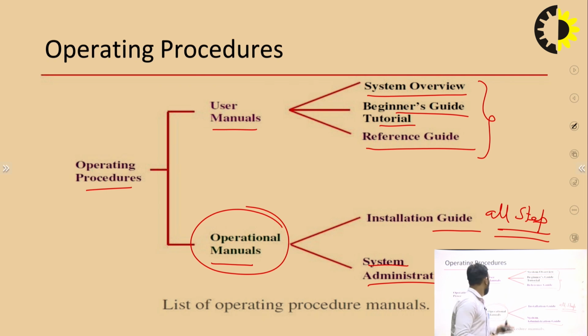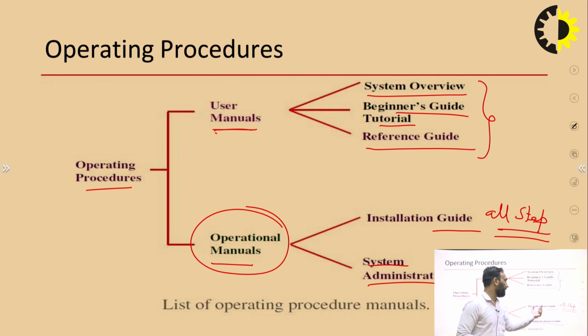So operating procedure is of two types, user manual and operational manual. User manual gives the description about the product, and the operational manual gives the detail of how to use the product or software.